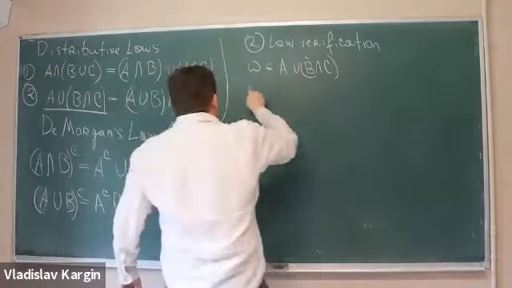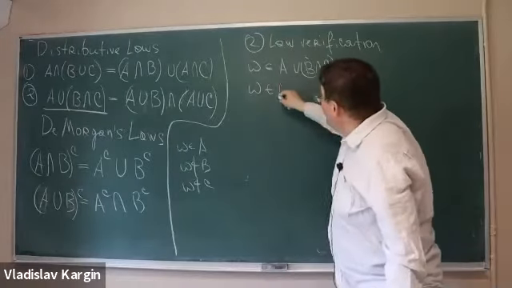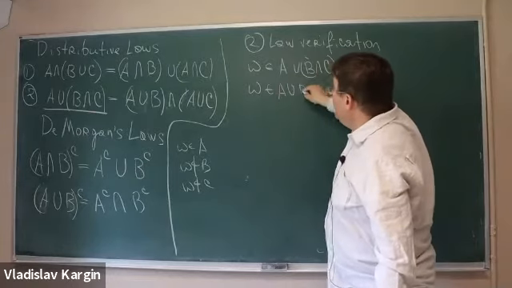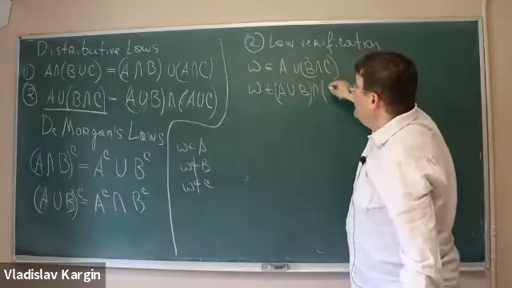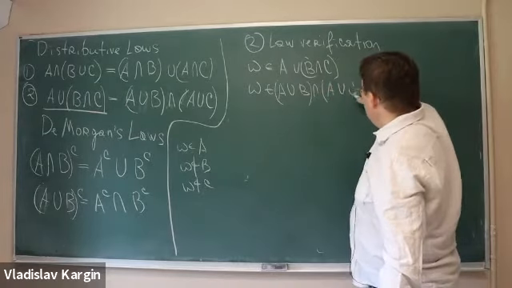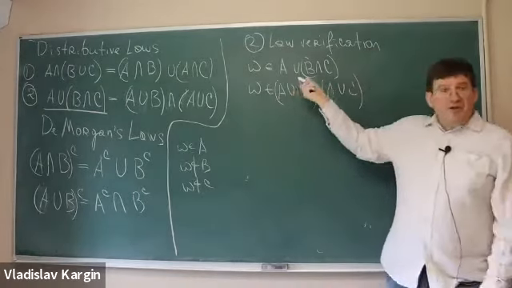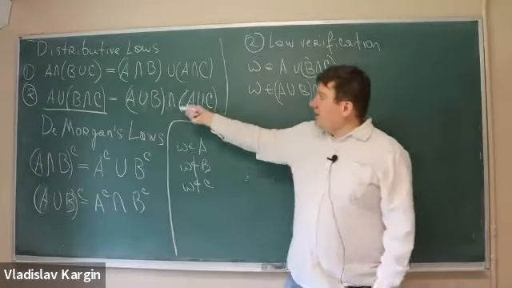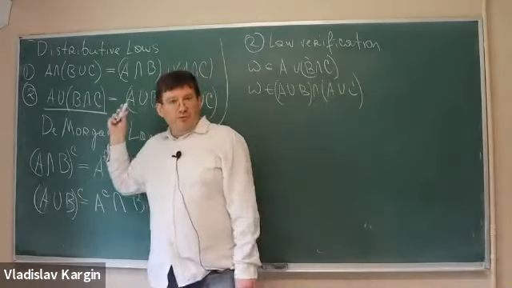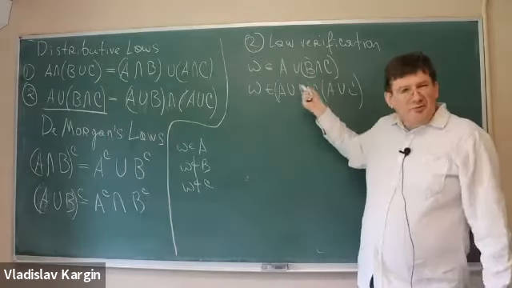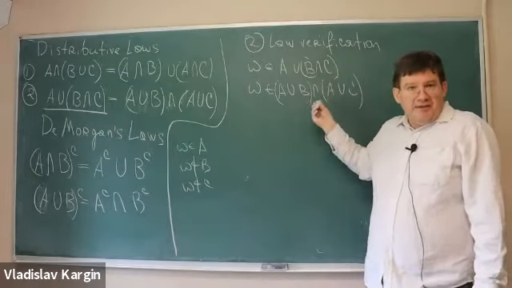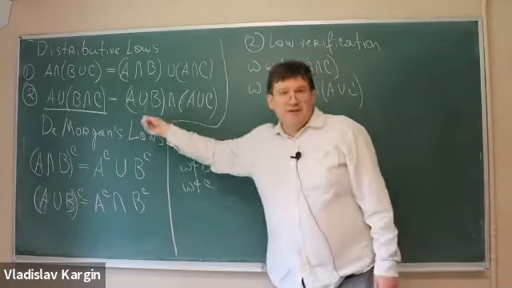So we know that omega belongs to A union B intersect A union C, so for this omega it is okay, since it belongs to both of them. If we found that omega belongs to one but not the other, that would be bad; it would mean these are different sets.